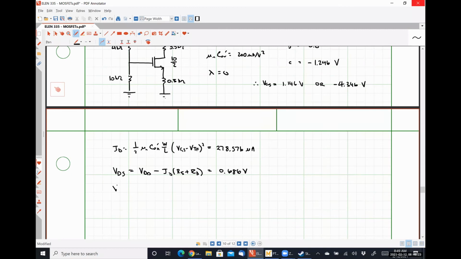And what's VGS minus VTH? 1.146 minus 0.4 is 0.746. So, was our assumption of this guy operating in the saturation region correct?